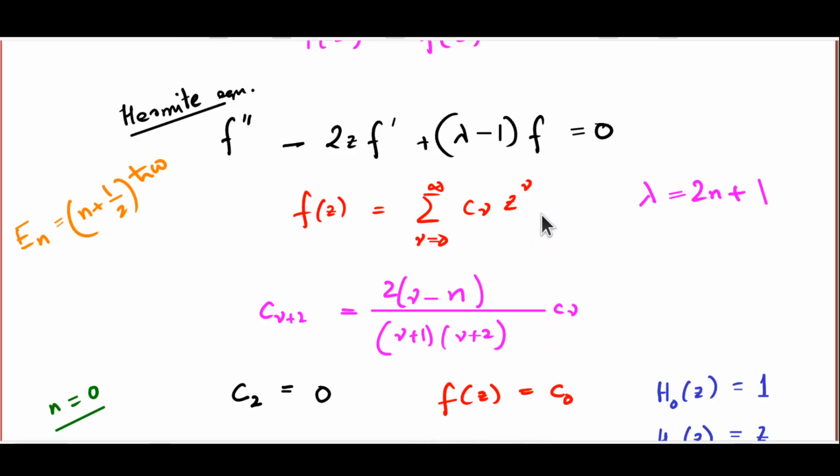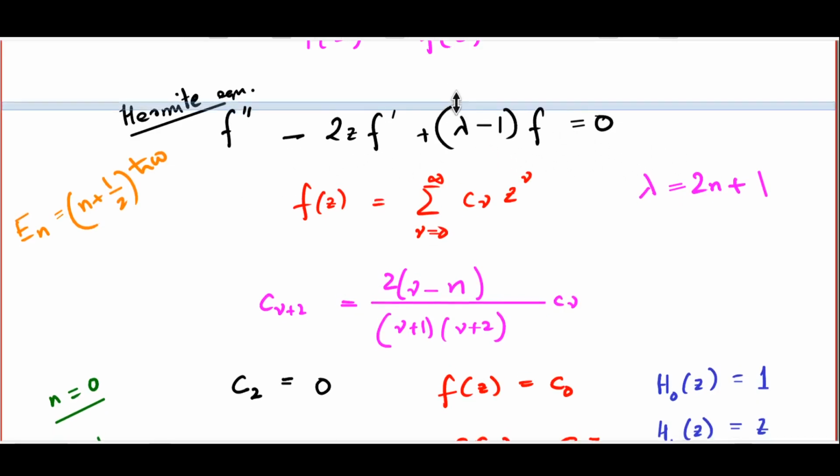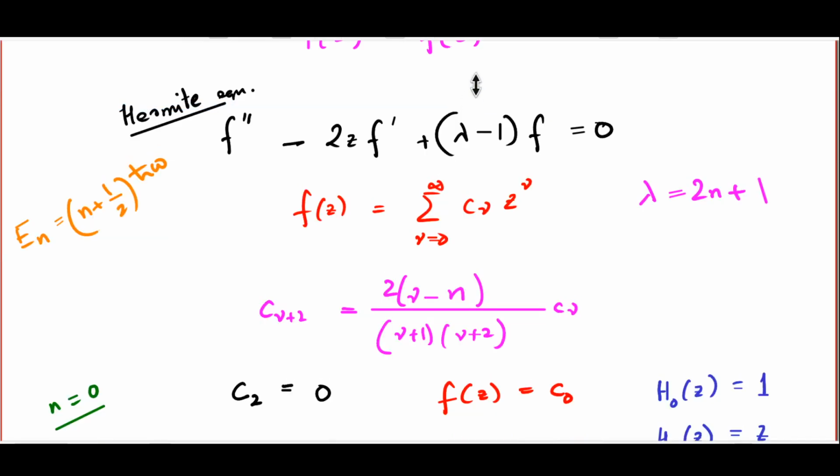Now, the polynomials which satisfy this equation, given lambda is twice n plus 1, which means this term is simply twice n, are called the Hermite polynomials.